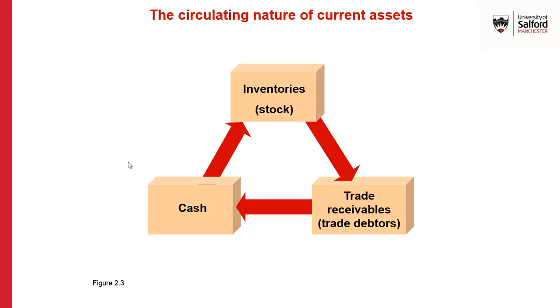We've said current assets are being held for trade to sell, and hence we make the sale here. We get debtors after we make the product, we sell it, that turns into debtors, and hopefully debtors turn into cash.